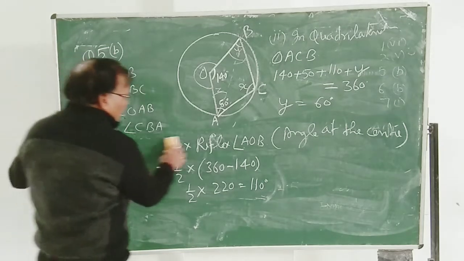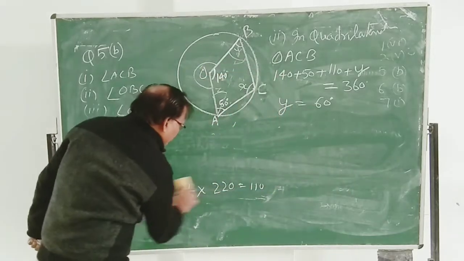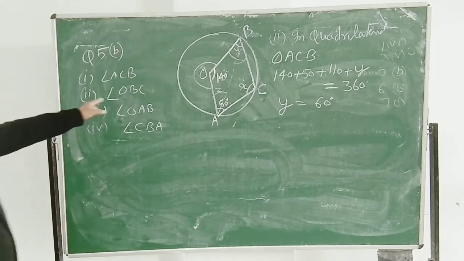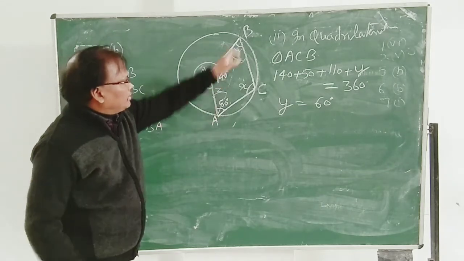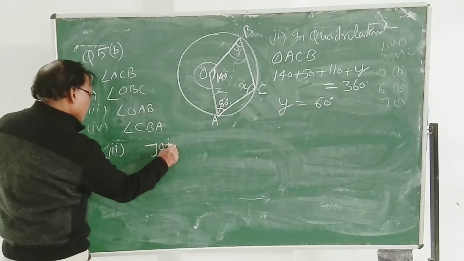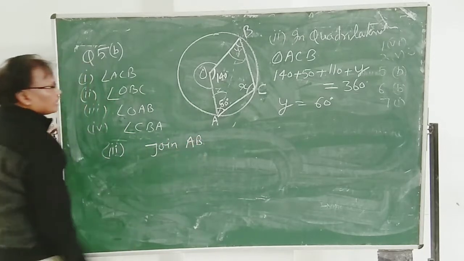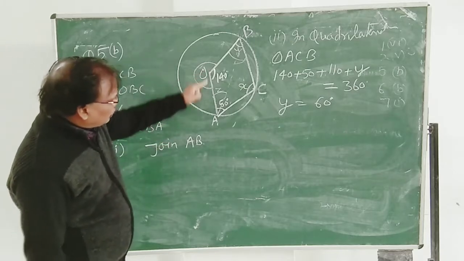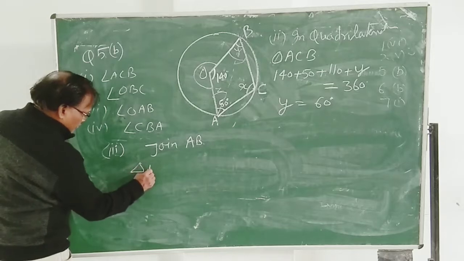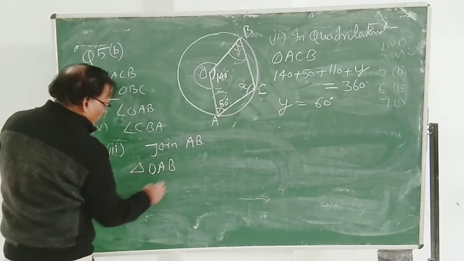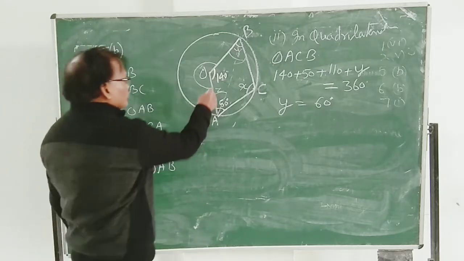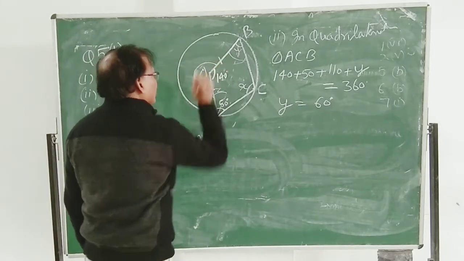Then the third part. Join AB for the third part, because OAB. Can you see this triangle OAB? What type of triangle? Isosceles. क्यों? क्योंकि OA and OB are the radii.